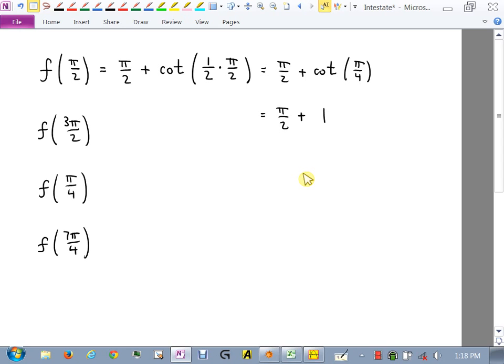Prerequisite material is what this is. What's cosine of pi over 4? Root 2 over 2. What's sine of pi over 4? Root 2 over 2. What's root 2 over 2 over root 2 over 2? It's 1. Tangent would be 1 also. Cotangent is the reciprocal, so you could do it that way. So that's 1.